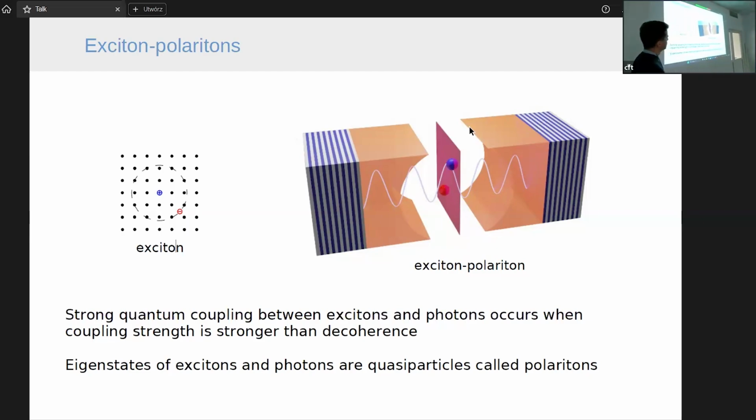If the frequency of the photon is matched to the energy of such an exciton, and the rate of this process is higher than the decoherence, we should speak about polaritons, hybrid exciton-photon quasi-particles, instead of separately about photons and excitons, because then these exciton-polaritons become eigenstates of the system.